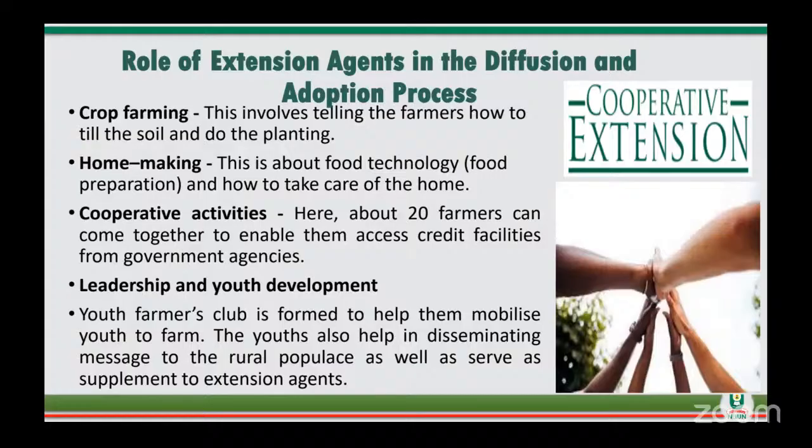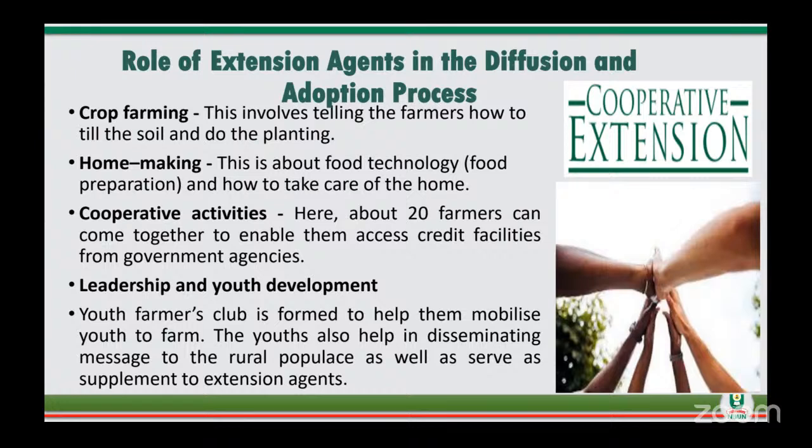It is the role of the extension agent to show them the nitty-gritties about the loan they are going for, the advantages, the disadvantages, the pitfalls, where they will have challenges so that they can know ahead of time and plan for it.